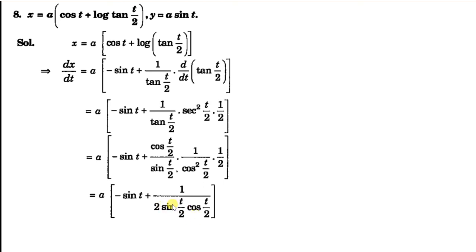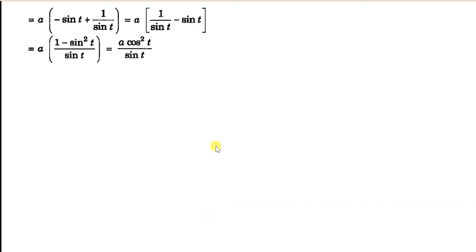And we know that 2 sin x cos x is equal to sin 2x. So it becomes sin 2 into t by 2, that is sin t. So we get a times 1 by sin t minus sin t. We can take the LCM. It becomes 1 minus sin square t divided by sin t, and 1 minus sin square t becomes cos square t using the identity sin square t plus cos square t is equal to 1.